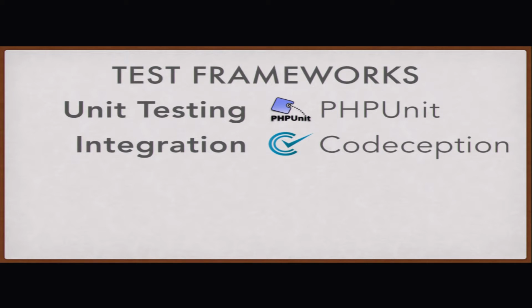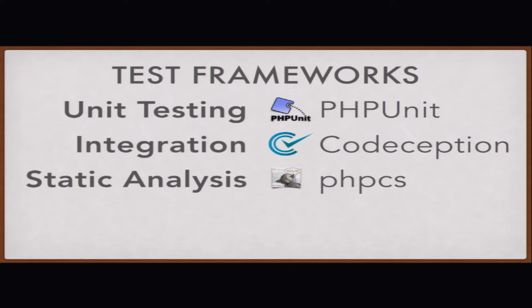Cool. The next thing we do is some static analysis. We use PHPCS, the PHP Code Sniffer. You guys were in that last talk where they talked about it. It's a really great static analysis tool. If you're using PhpStorm, you can set it up there so that it automatically tests whenever you save. If you use Emacs, you can set it up to automatically test there as well.